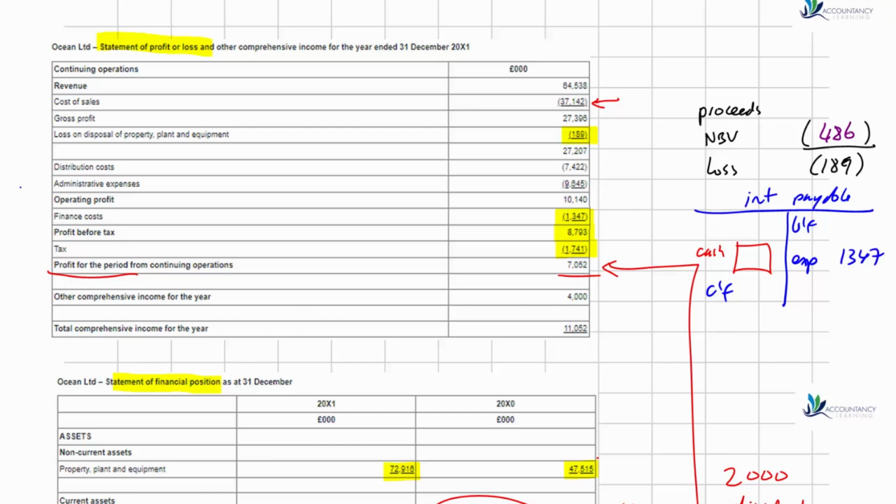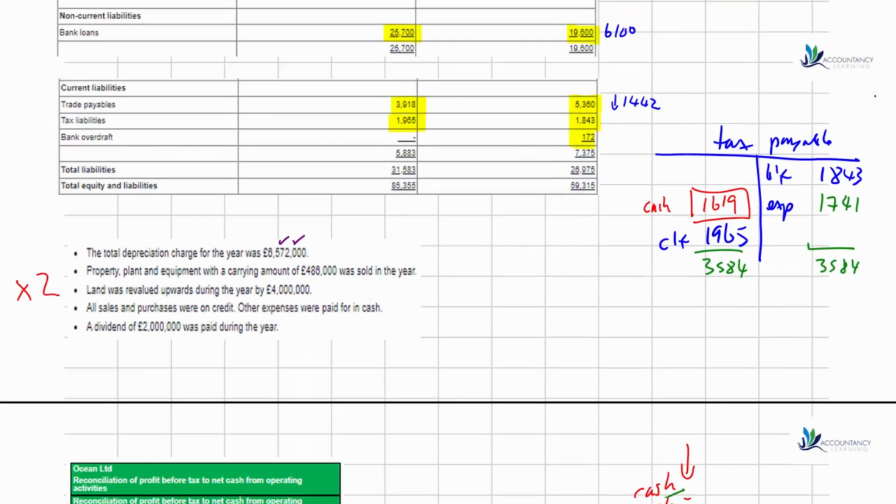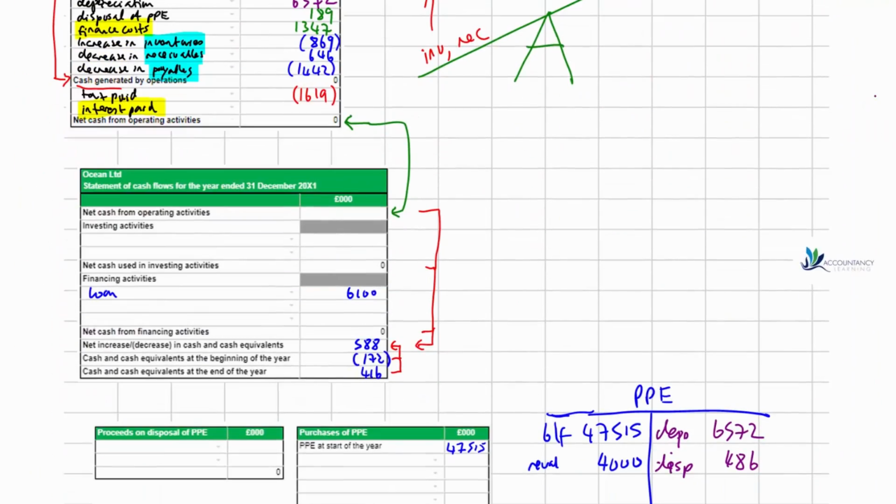That was how much the asset was worth. But I've made a loss on the sale, which means I must have received 297 as the proceeds. So I sold it for 297, giving me a loss of 189. That 297 can now appear in the second part of my answer. It's part of my investing activities. So we've got the sale of property, plant and equipment, and 297 was the cash that came in.